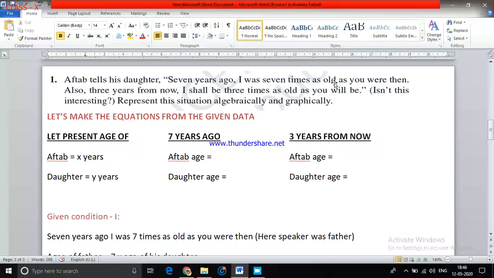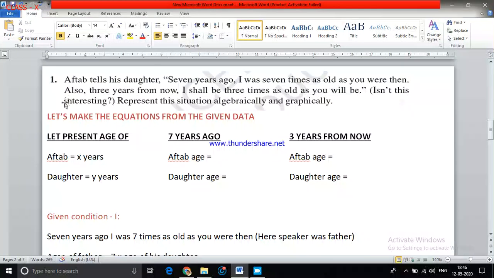But here they said, I was 7 times as old as you were then. That means 7 years ago, whatever the age of the daughter, 7 times that age will be the father's age.